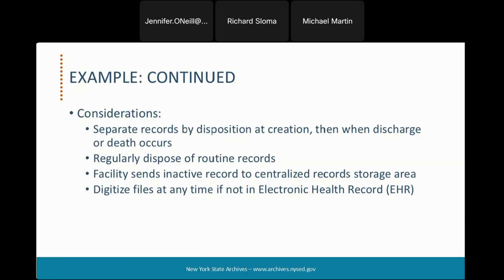Then when the person is discharged or death occurs, that would be another opportunity to separate out records that can be destroyed.